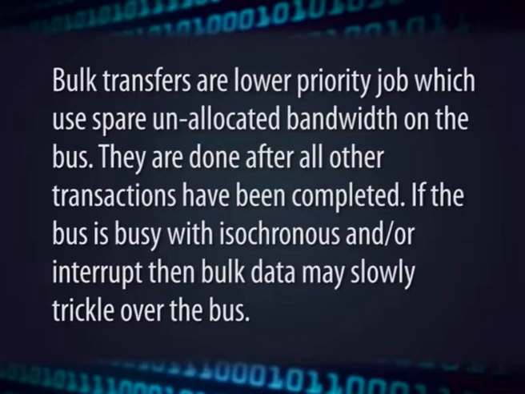Bulk transfers are lower priority job which use spare unallocated bandwidth on the bus. They are done after all other transactions have been completed. If the bus is busy with isochronous and or interrupt, then bulk data may slowly trickle over the bus. Hence, they are used where information is not affected by delay in transmission.